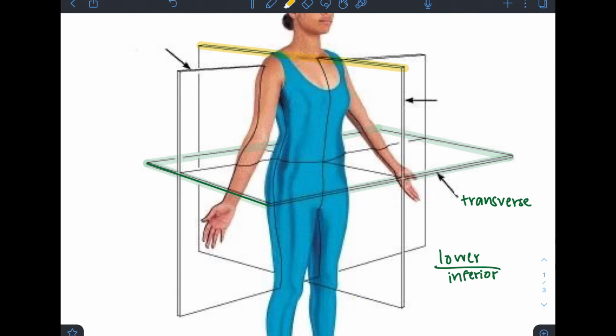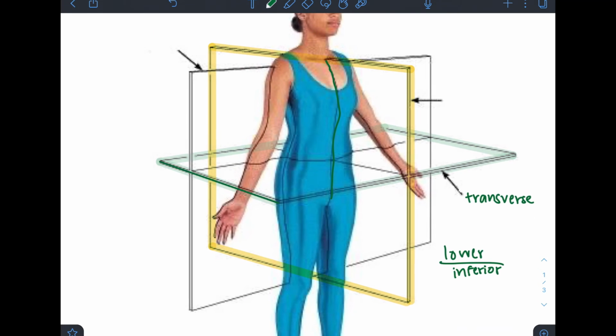Hopefully we can have it not move. Okay. So this is going to be the plane that we are looking at. And as you can see, we have the midline of the body drawn on for us right over here.